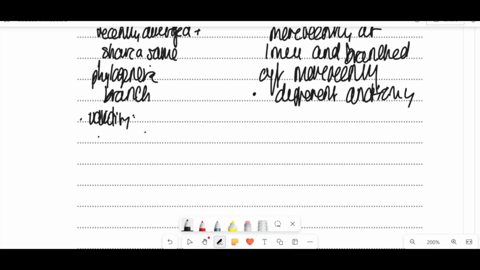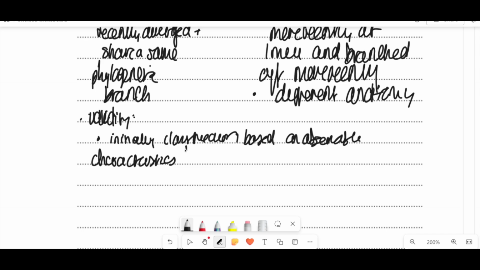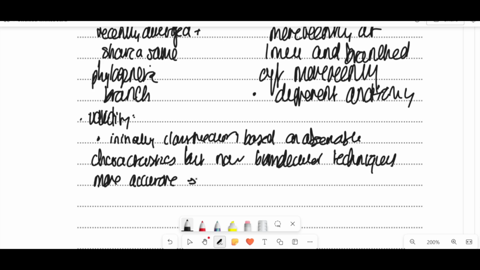So the whole point is that we need to talk about why there's a bit of an issue here, really. So number one is, initially classification was based on observable characteristics, but now you've got your biomolecular techniques and all that kind of stuff, and they're more accurate, right? And also, scientific knowledge develops over time.